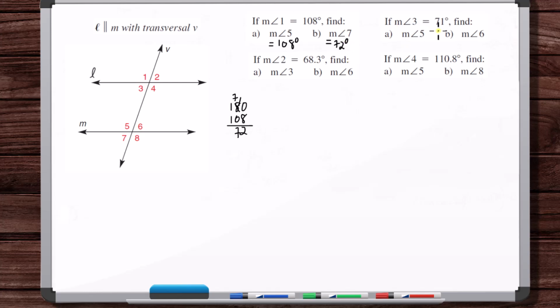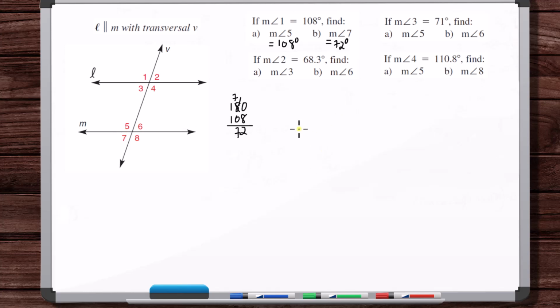Okay, if the measure of angle 3 is 71 degrees, find the measure of angle 5 and the measure of angle 6. So, okay, bottom left. So these aren't corresponding. Okay, so what we also learned is that interior angles on the same side of the transversal are supplementary, and same with exterior angles. So we know that angle 3 and angle 5 are supplementary.